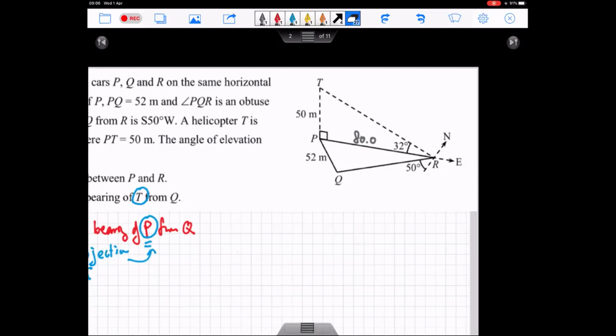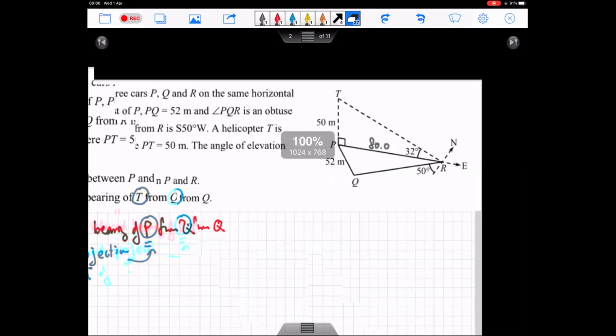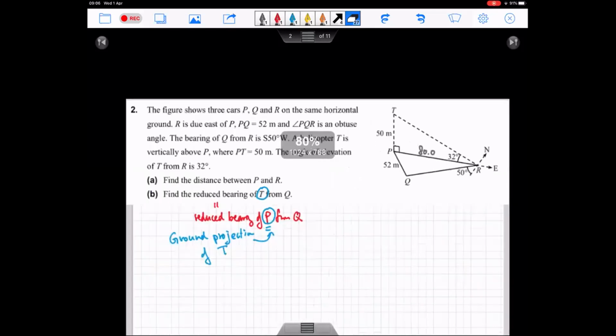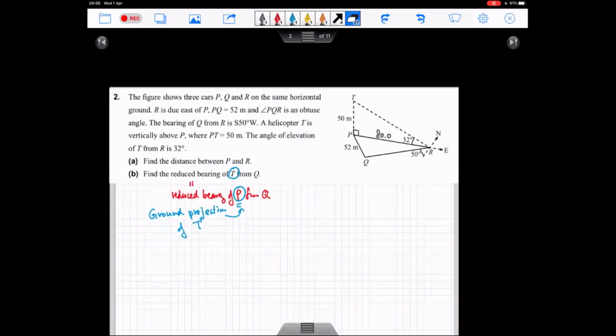The bearing is always on the horizontal level. Likewise, angles of elevation and angles of depression are always on the vertical plane. So this 32 and this 50 are different in the sense that 32 degrees is a vertical angle, whereas the 50 degrees is a horizontal angle.